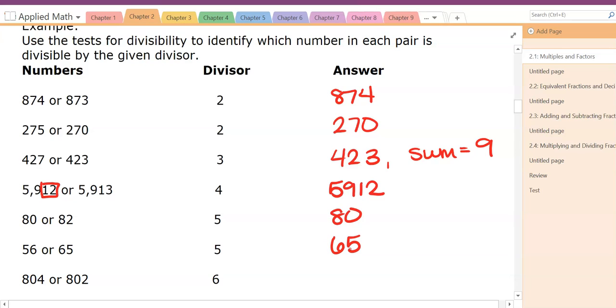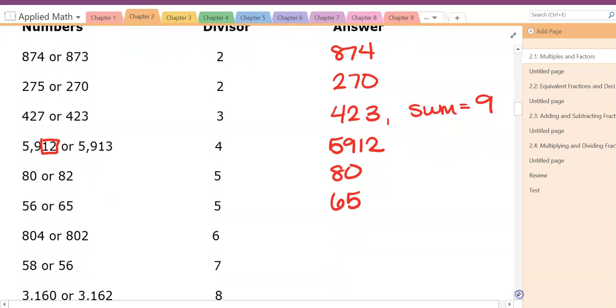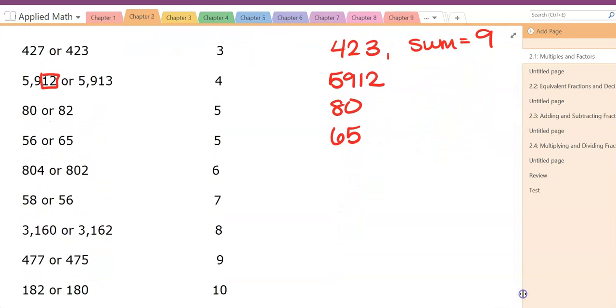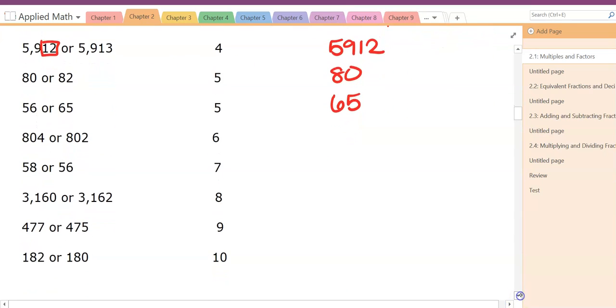How about for 804, 802? Which one can 6 go into? No idea? 804? Okay, so the reason why for that one, go back to rules for 2 and 3, because 6 says that if 2 and 3 can go into it, 6 can go into it.